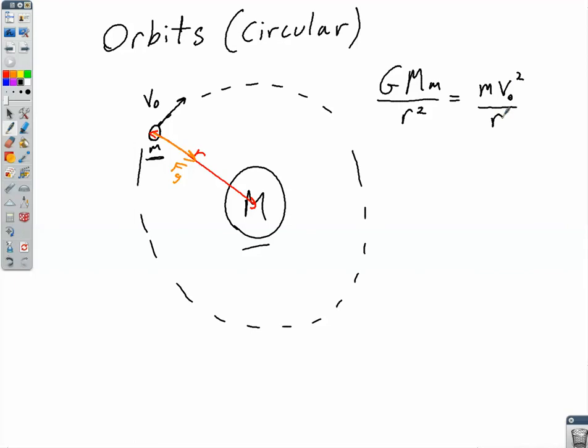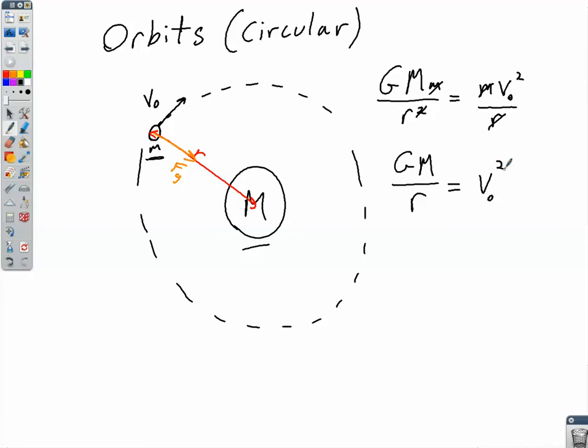The r's are the same, the little m's are the same, and we get to do some cancellation. Now we've got big G, big M over r is equal to v o squared. This is not v naught, it's the orbital velocity, or the tangential velocity, of the satellite.